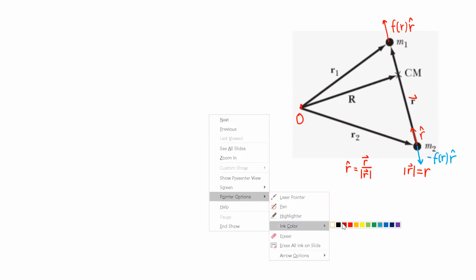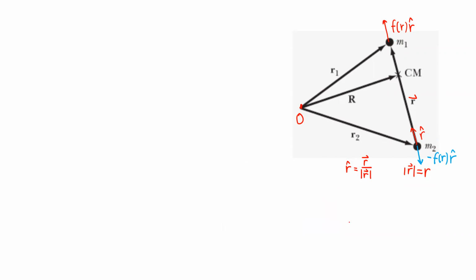Now I have these equations of motion. First of all, for the first mass M1, F equals ma, so M1 R1 double dot equals this F of R hat.